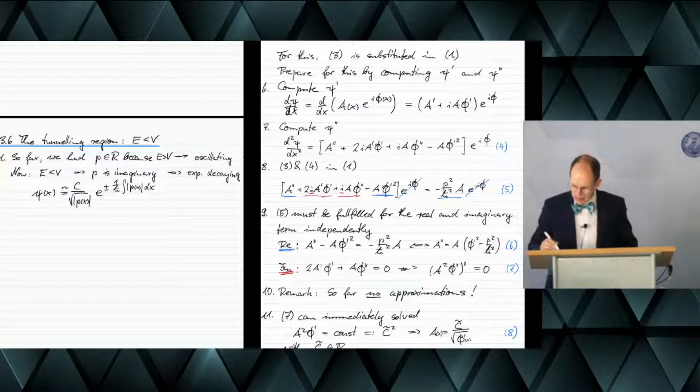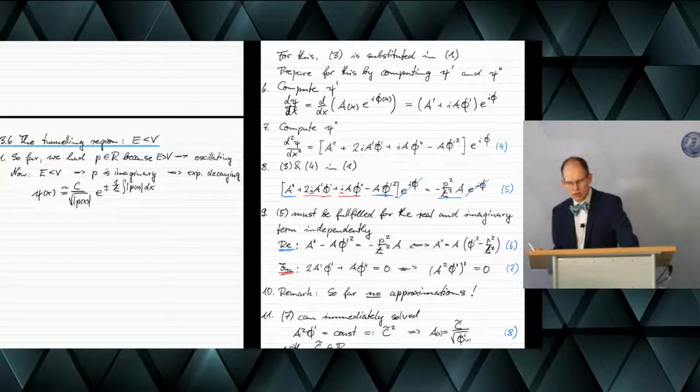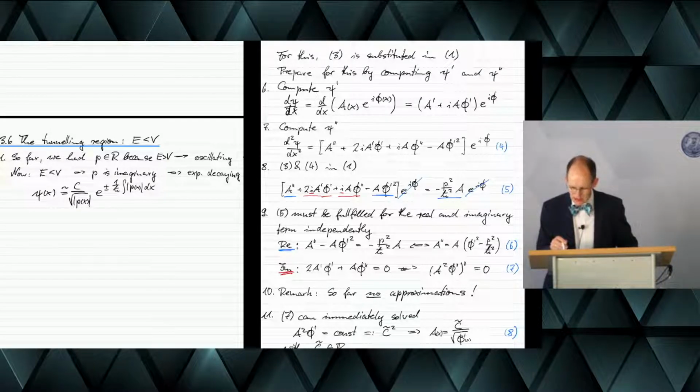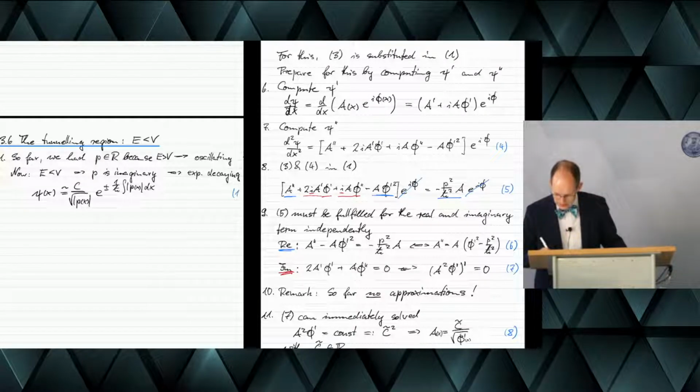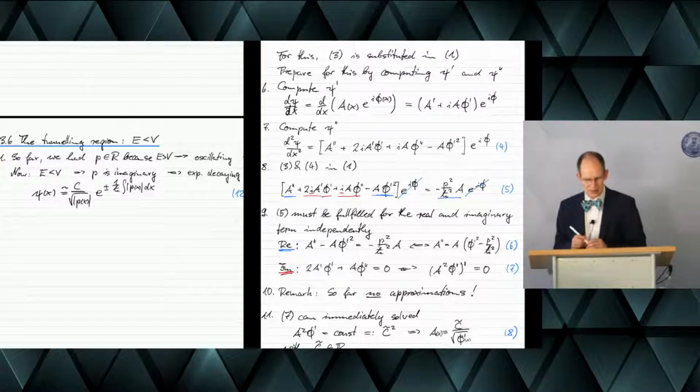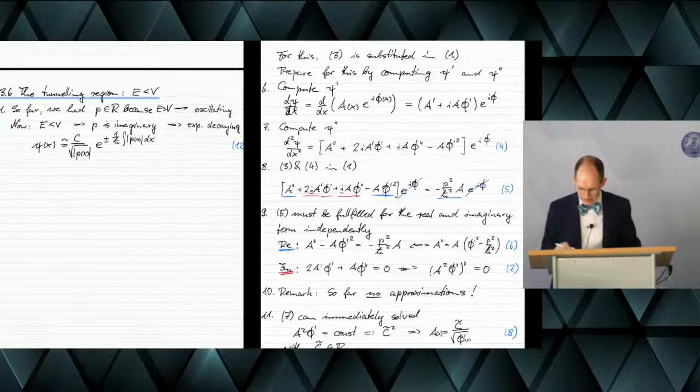Okay, so what you see is that we not only have an exponentially decaying function, but in principle we also have an exponentially increasing function, right? So it's a linear combination of both. But of course, we know physics, and we'll exclude this exponentially growing function.